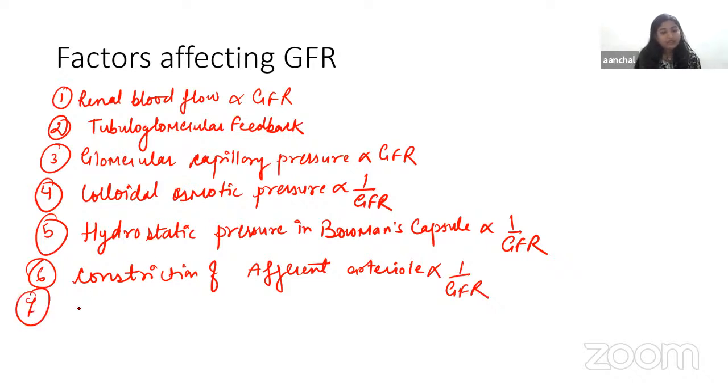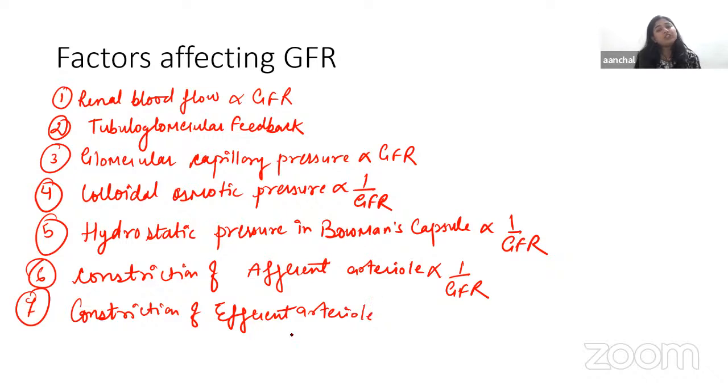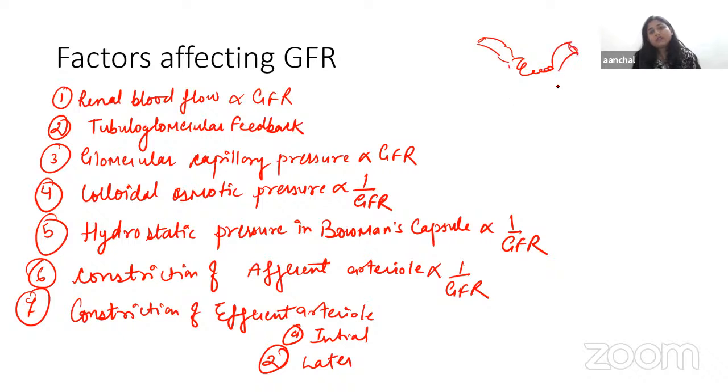Then next we have constriction of the efferent arteriole. Here we have two stages: an initial stage and a later stage. Suppose this is the afferent arteriole, then the glomerulus, then the efferent arteriole, and this is Bowman's capsule.